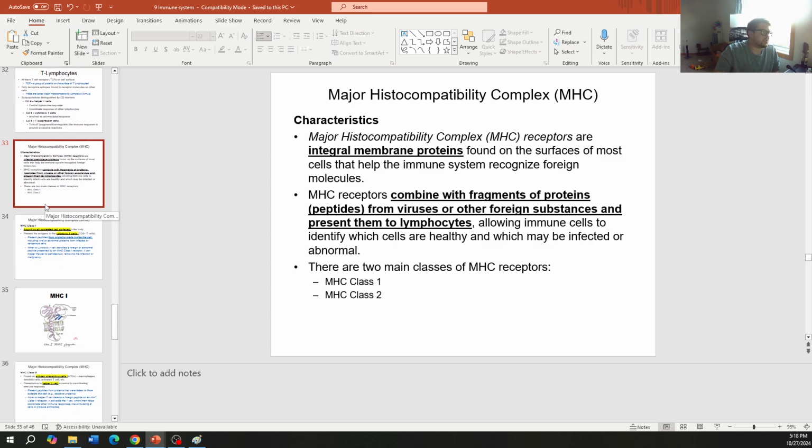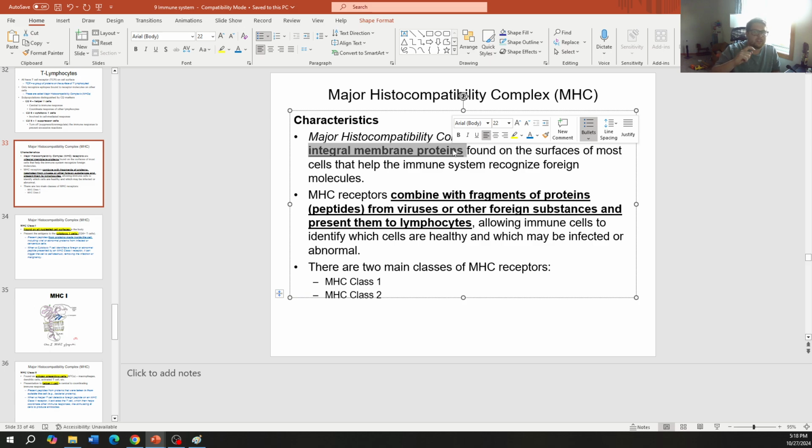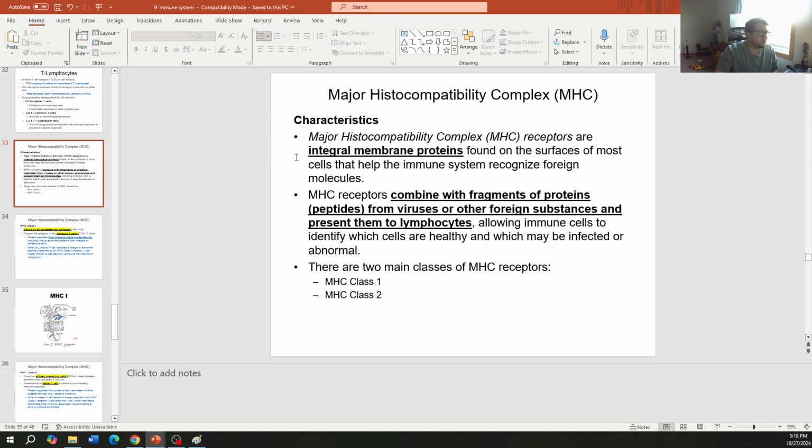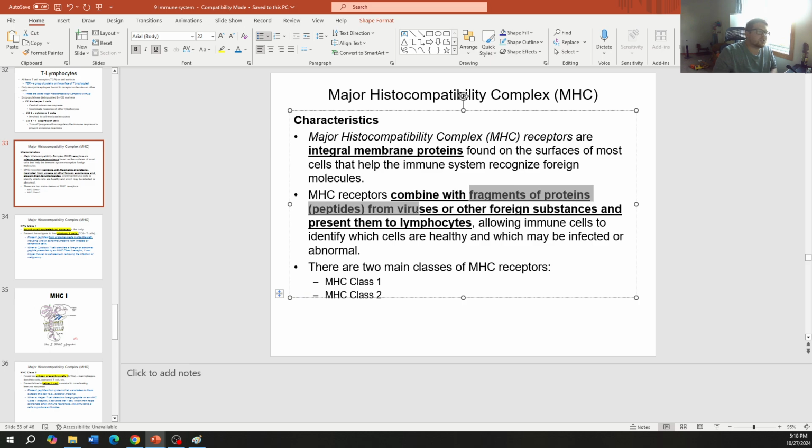Okay, MHCs, major histocompatibility complex. These are integral membrane proteins, so they're found within the membrane on the surface of most cells, and they help the immune system recognize foreign molecules. These MHC receptors combine with fragments of proteins known as peptides from viruses or other foreign substances and present them to the lymphocytes.